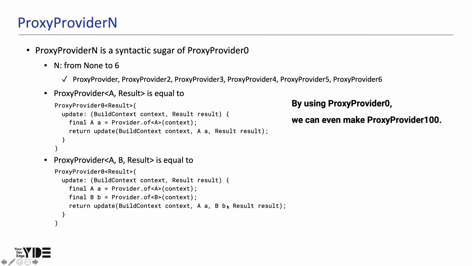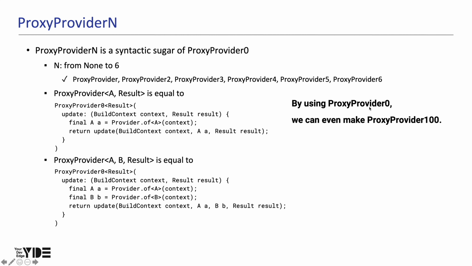This time, the second and third arguments are entered as A and B respectively. Let's go back for a moment again. This is also the part where the red box is drawn. If you look at the update function like this, you will understand the update function in the constructor better. So if we use ProxyProvider0, we can even make a ProxyProvider100 instead of ProxyProvider6.